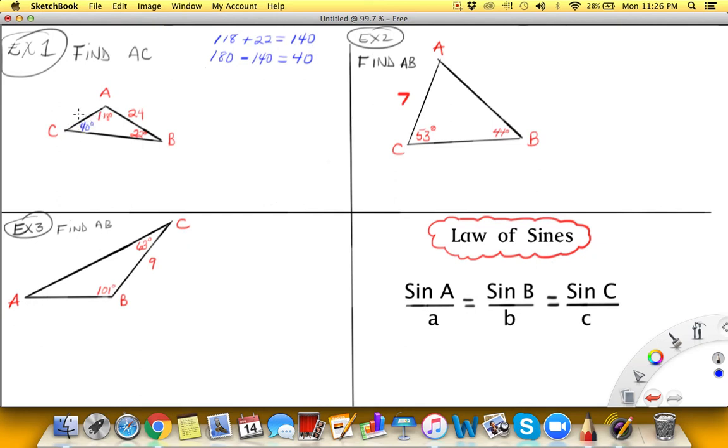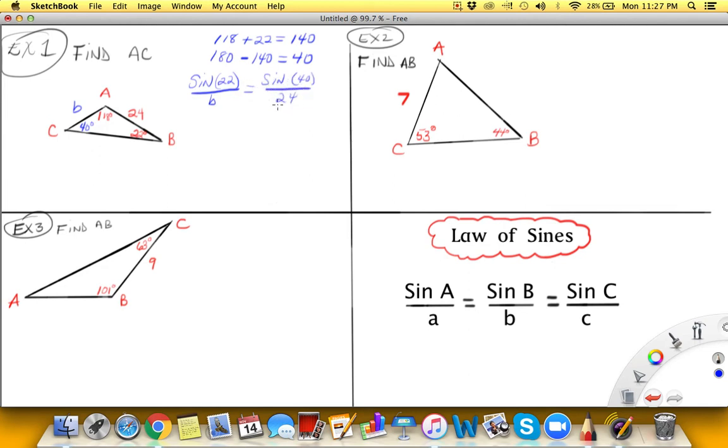So that's 40 degrees. And here, as you can see, we're looking for AC, which we're going to make little b. Okay? So when we set up our ratio, we have the sine of 22 degrees over b is equal to the sine of 40 degrees over 24.